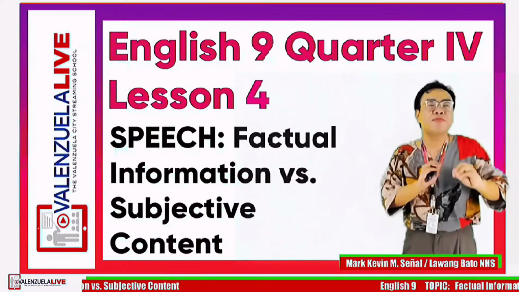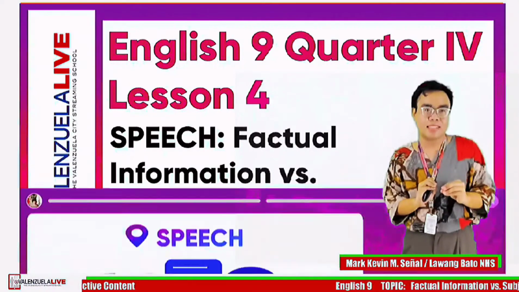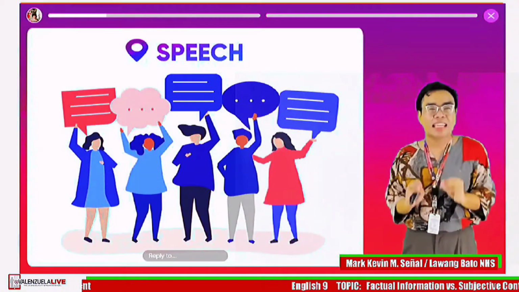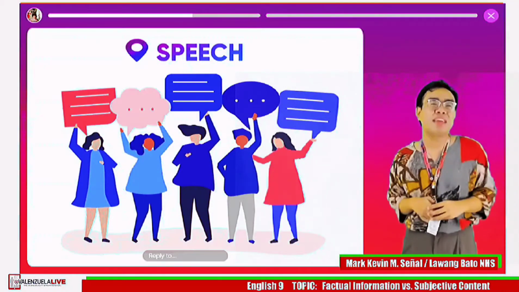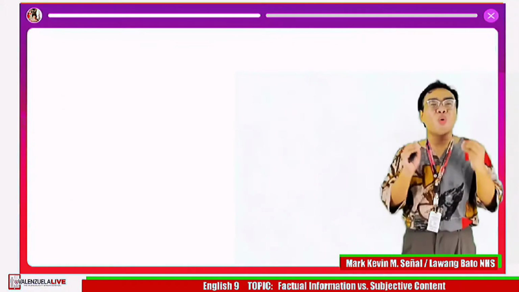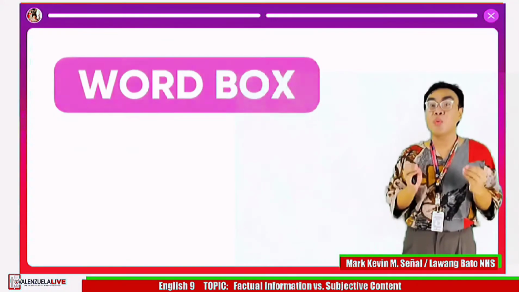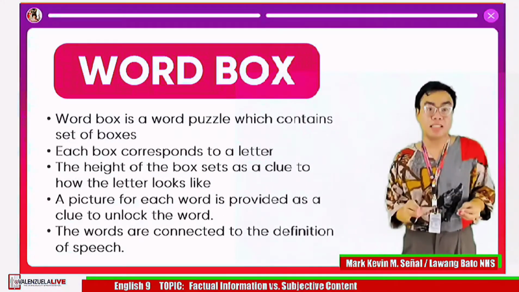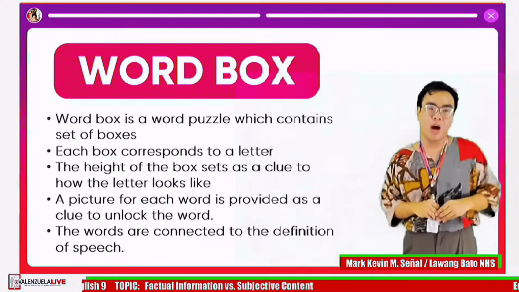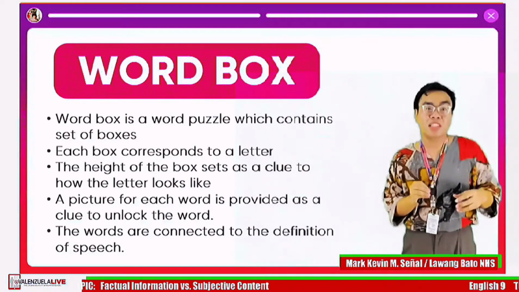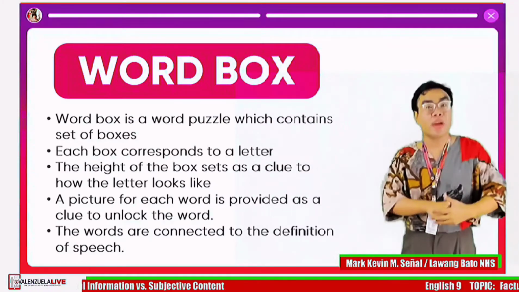Okay, let us first learn the basics. Let us first define speech in this activity I call Word Box. Well, Word Box is a word puzzle which contains a set of boxes. Each box corresponds to a letter.